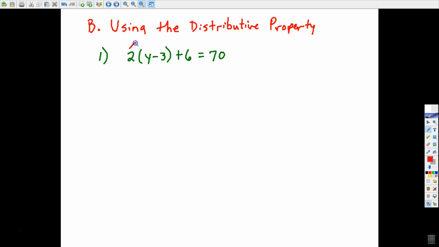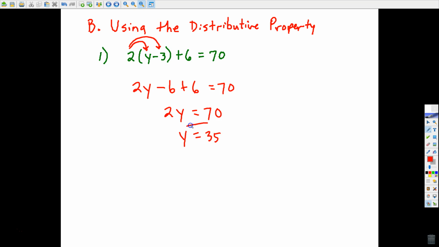So I'm going to take 2 and multiply by both of these terms inside the parentheses, and that will get rid of the parentheses. 2y minus 6, and then bring down plus 6 is 70. So negative 6 plus 6 is 0. 2y equals 70. And dividing by 2 or multiplying by a half gets me my answer of 35 for y.